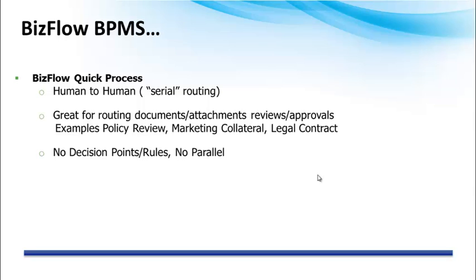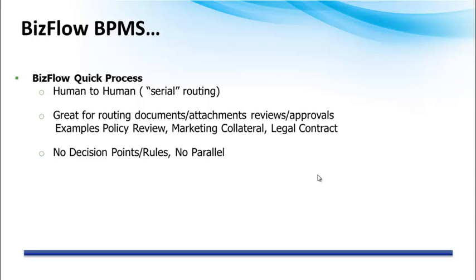And it allows you to create very simple serial routing processes, which are great for things like policy reviews or reviewing marketing collateral or legal contracts. Anytime you want to add documents or attachments and you have very simple review and approval processes, Quick Process is really great for that purpose.